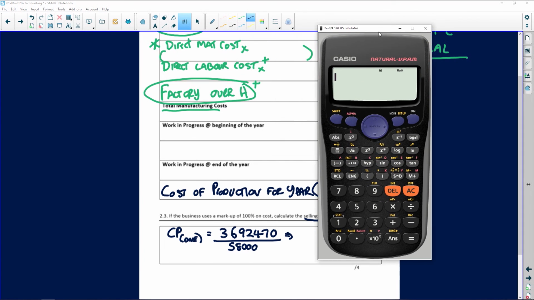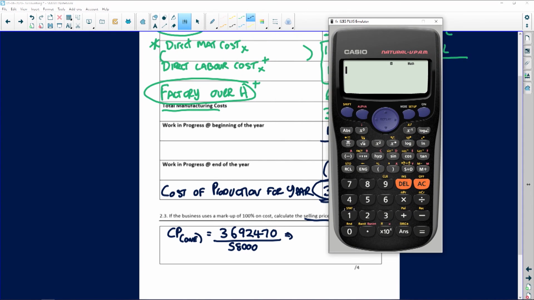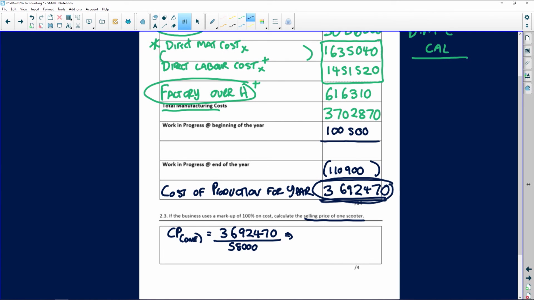I don't know why I did that because I had that amount there already. Let's just enter it again. 3,692,470. Divide that by 58,000. I might get decimals. Yeah, I do. So it cost us 63 Rand and 66 cents to manufacture one scooter.